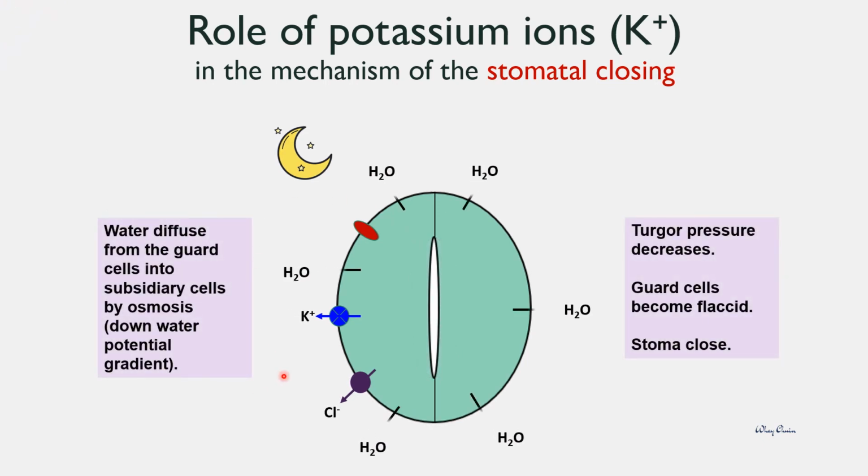When the water potential increases in the guard cell, water molecules will diffuse from the guard cell into the subsidiary cells by osmosis, which means the water diffuses from higher water potential to lower water potential, and this makes the guard cell undergo decreased turgor pressure, or we say they become flaccid. So the guard cell will revert to the original shape, which closes the stoma.